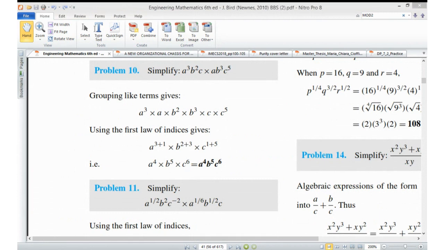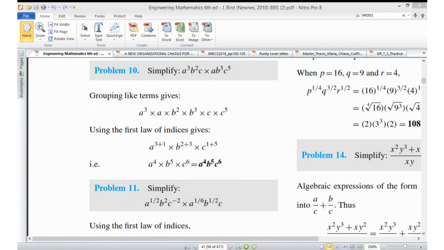Of course, if the power is not indicated, then definitely it is raised to power 1.